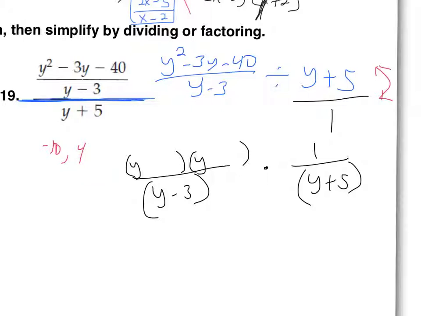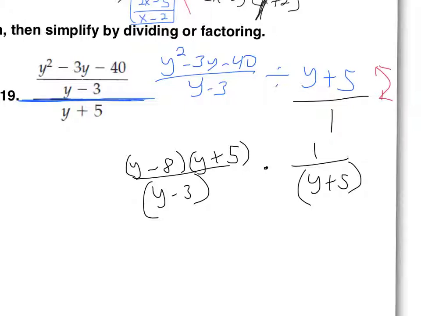What do they add to make? What's negative 10 plus 4? That's negative 6. Is that what I want? No, I want negative 3, so that's not going to work. What are the numbers that multiply to make negative 40 but add to make negative 3? Well, they're actually going to be negative 8 and positive 5.